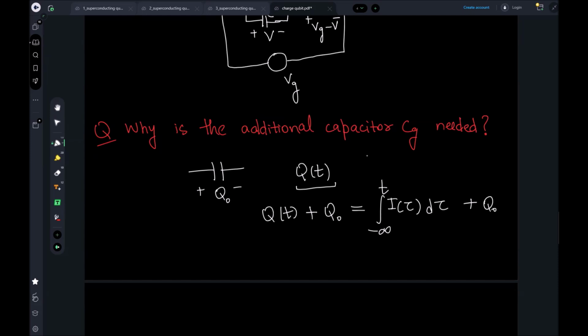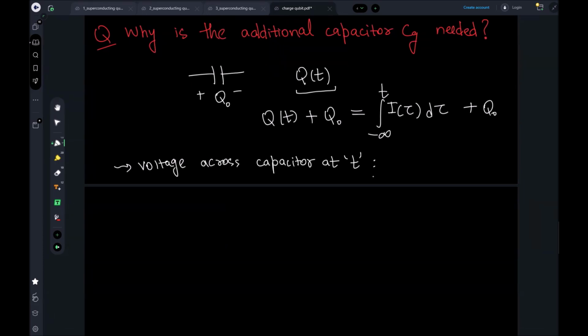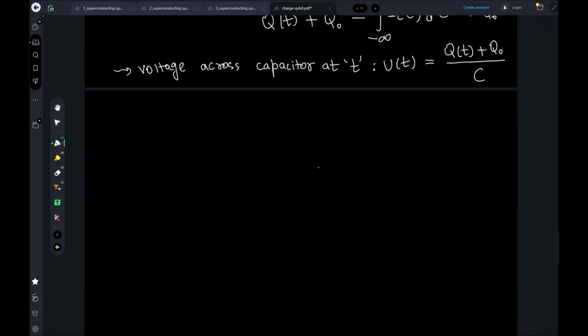And so I can write the voltage across the capacitor at time t, and I'm going to denote it as U of t, and this is just Q of t plus Q naught, that is the total charge divided by the capacitance C. And so the energy stored in the capacitor can also be determined.